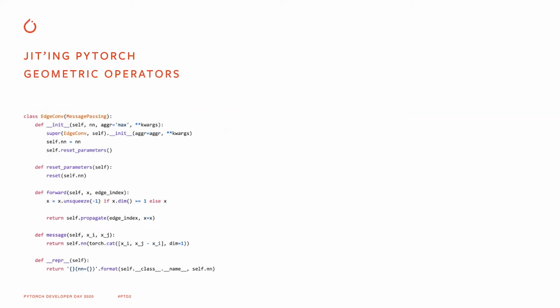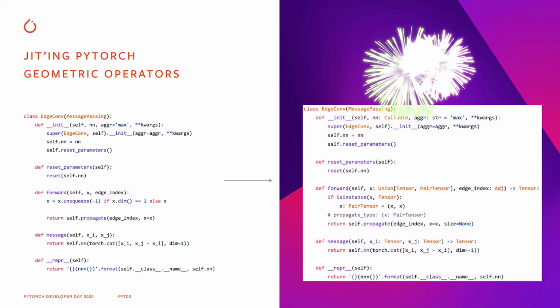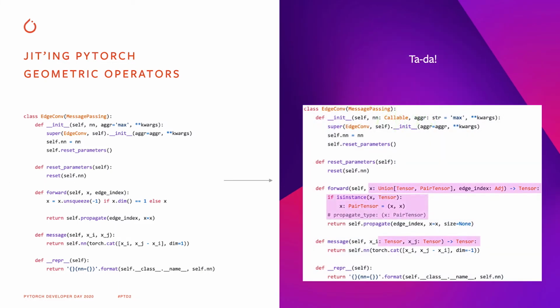So what does this look like in terms of changing a PyTorch Geometric operator to make it JITable? Essentially, we have to obey all the rules and then do a little bit of dynamic rewriting underneath. So what you can see right here is that we've type hinted every single variable that's going in and coming out of this particular convolutional operator.